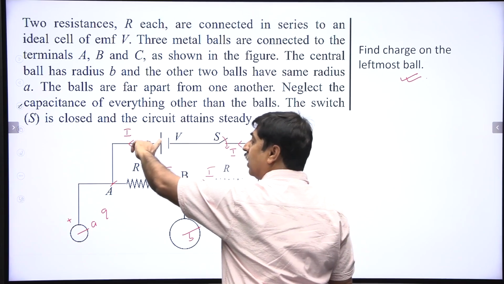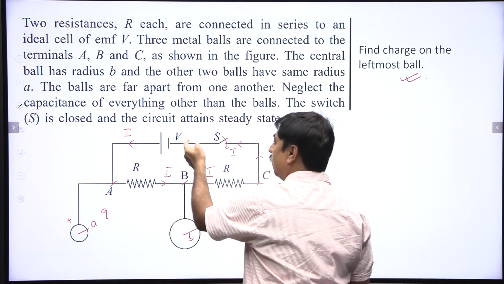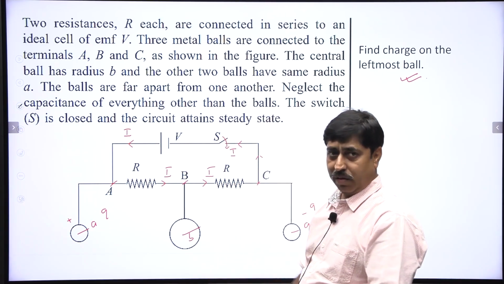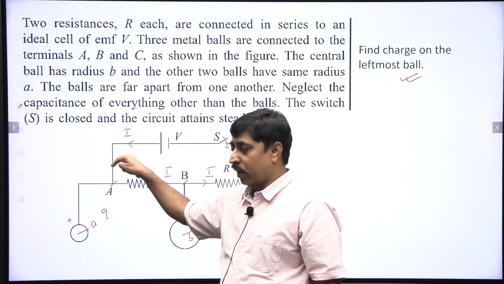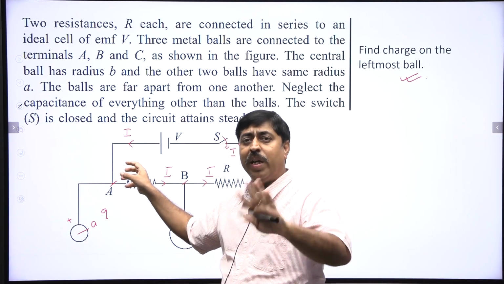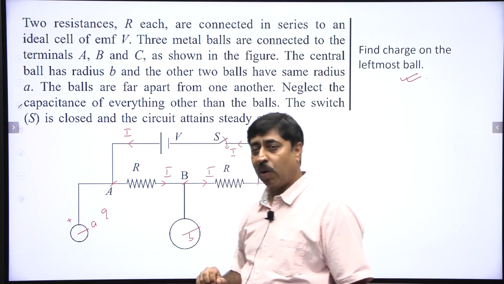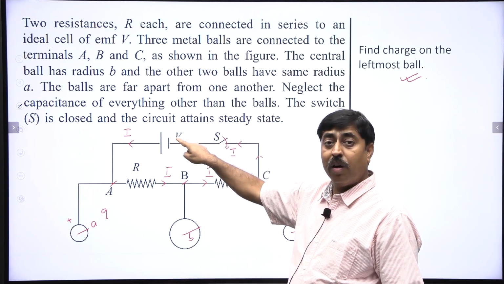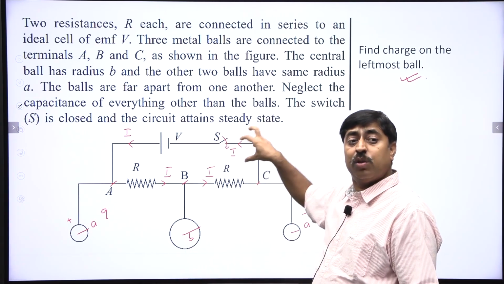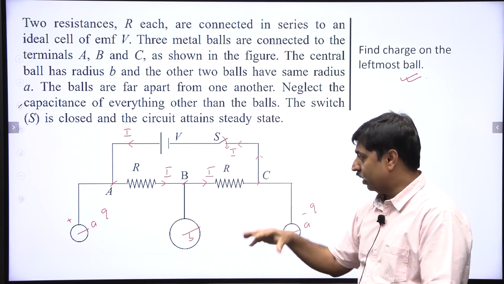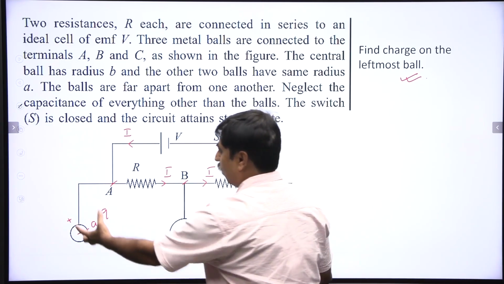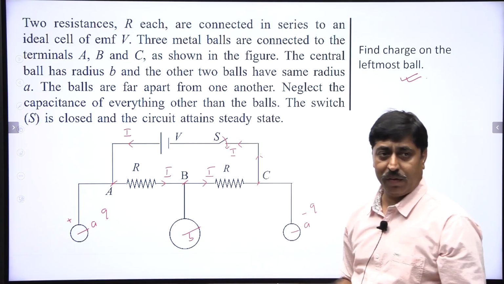So, if plus q charge goes here, minus q charge goes here. If out of that q charge some part of it, let us say 20% of it, goes onto this ball, then out of this minus q charge, its 20% will go onto this ball, because the situation is identical. You look from this side or this side, there is no difference.